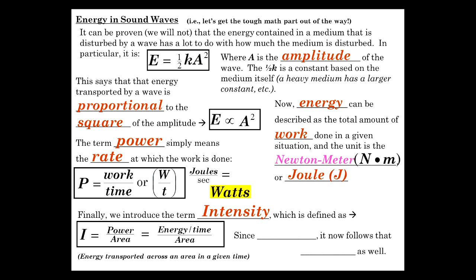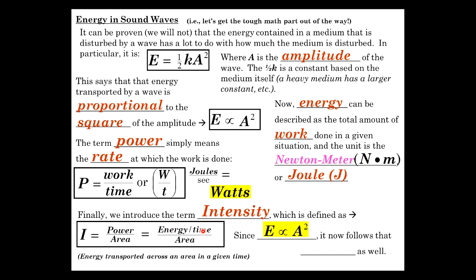And the last little mathematical statement here is that the energy is proportional to amplitude squared. And so now we know intensity is energy, which is proportional to amplitude squared, divided by time.